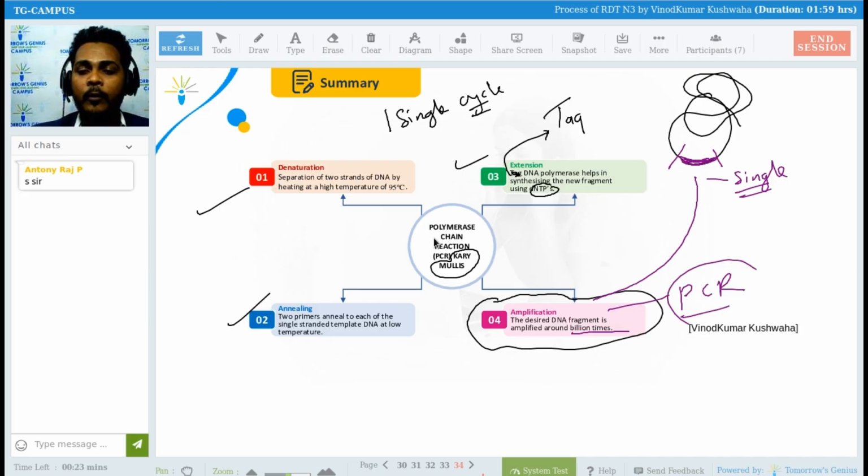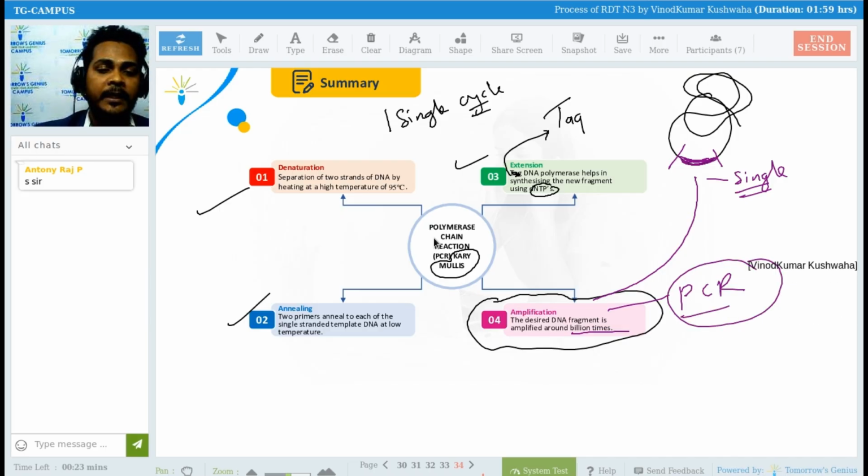And PCR always follows a three-step cycle: denaturation, annealing, and extension. Clear now? Yes, sir. Clear, sir. Any doubt? No, sir. Thank you, sir. Good.